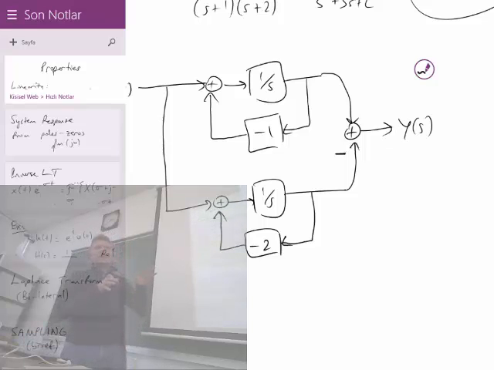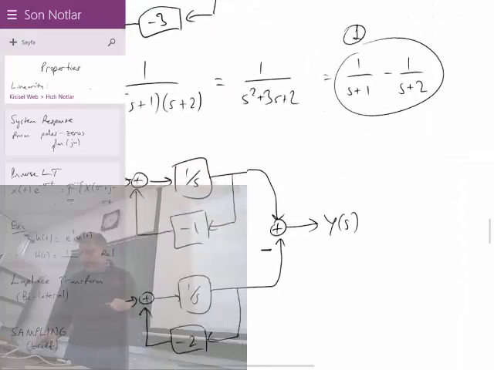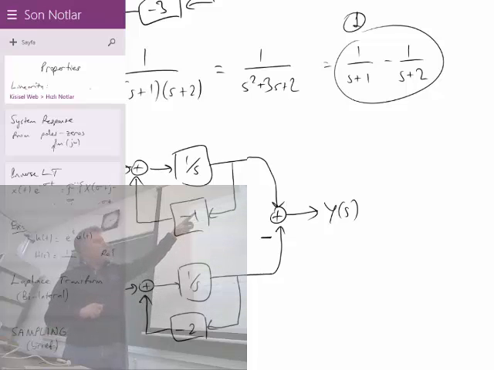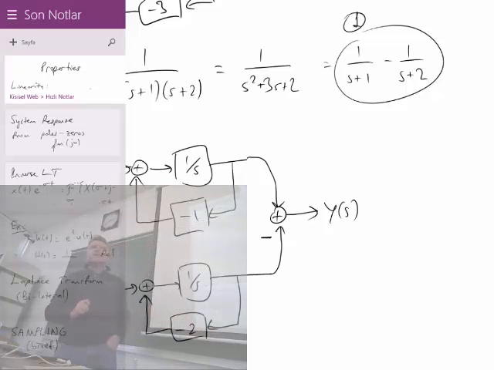Are you happy with it? I just implemented it in a parallel way, in other words. It's a parallel implementation of two first-order systems. The top one and the bottom one are going in parallel. And the second one had a minus sign, 1 over s plus 1 minus 1 over s plus 2. Therefore, the second branch is just subtracted because of that minus sign. It's a linear summation, in other words.